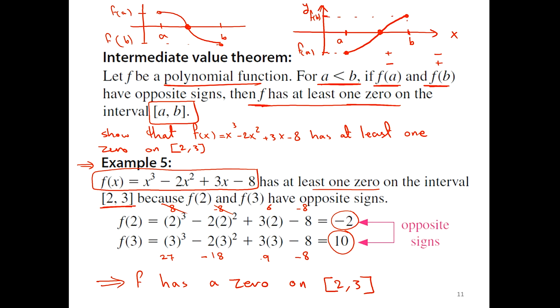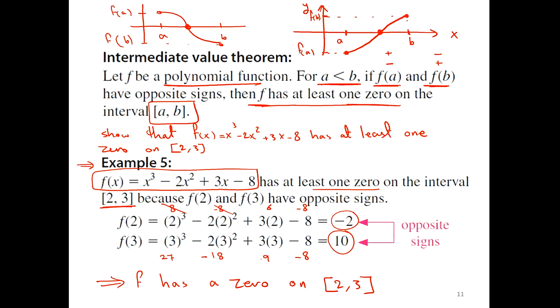So how can we verify? We must state that f of x is a polynomial. You must state the conditions. If we need to implement the theorem, we have some conditions. For example, this theorem is for polynomials.